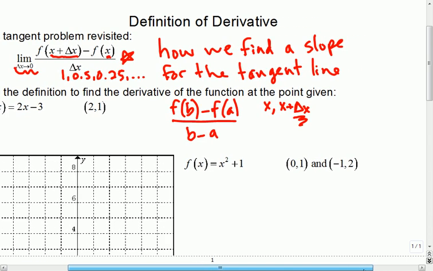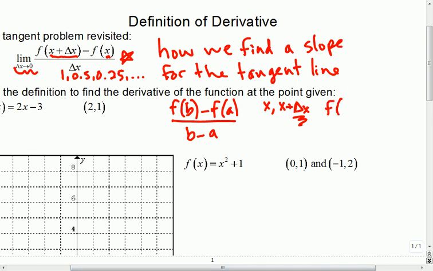So if I was to put that into the slope formula, I'd end up with f of x plus the change, which is going to become 0, take away f of x, over x plus delta x minus x, which of course will cancel out, and that's why I'm only left with the delta x here. Okay. So that's one of the definitions that we're going to work with. In the next block we will take a look at a different definition.